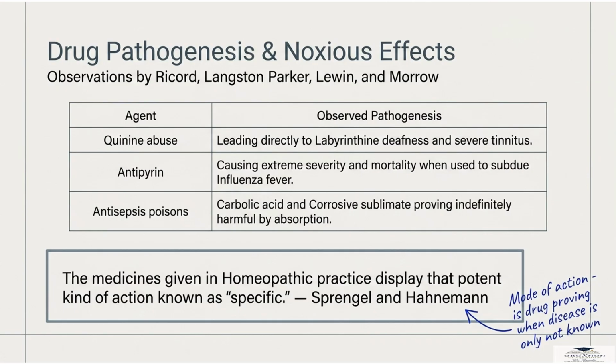First is quinine. Quinine was widely used for fever and malaria. However, physicians observed that its excessive or prolonged use could damage the inner ear, leading to labyrinthine deafness, severe tinnitus, hearing impairment. ठीक है, this tells us that medicines are not harmless. They have their own characteristic toxic effects. Side effects पढ़ रहे हैं हम लोग ये सारी चीजों का यहाँ पे.